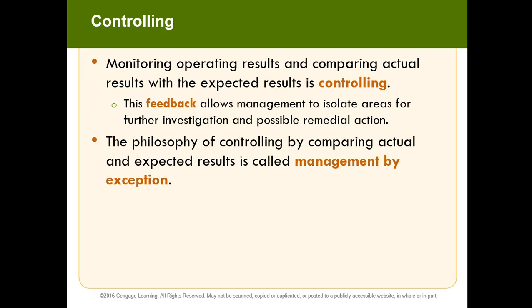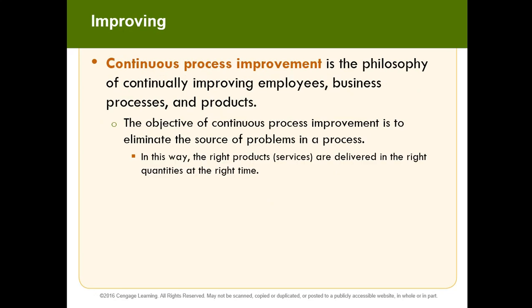That is probably one of the most important parts, is this controlling aspect of management, making sure what you expected is truly what's happening, because this is where you're going to find where your problems are. And once you find those problems, hopefully you find them quick enough to make some changes and get things back on the path you were hoping for, and which is our improving.